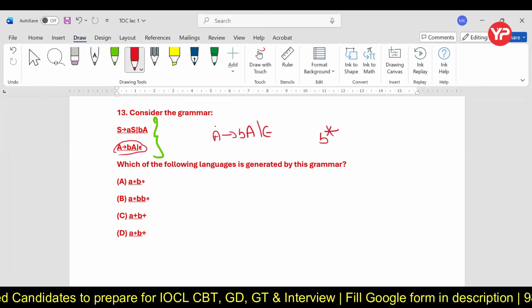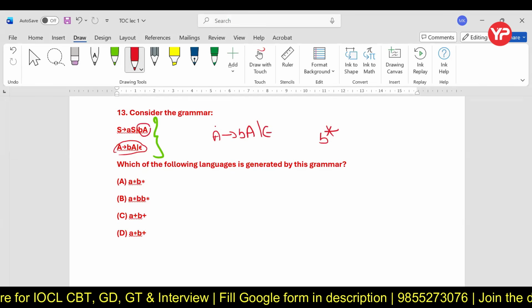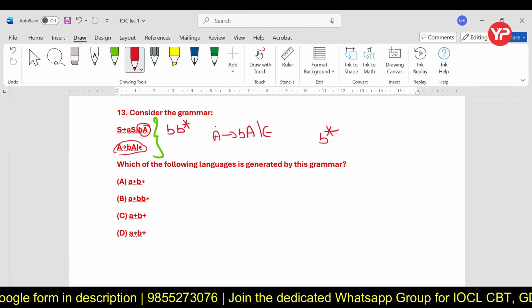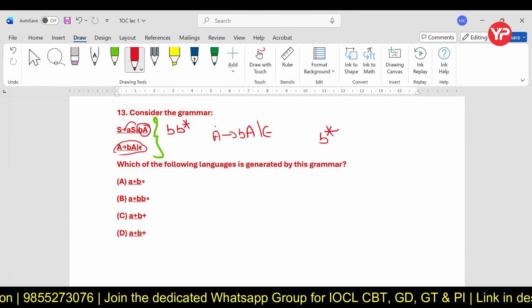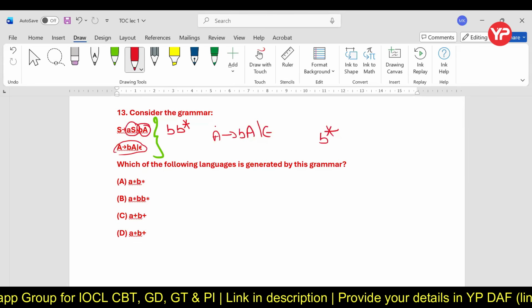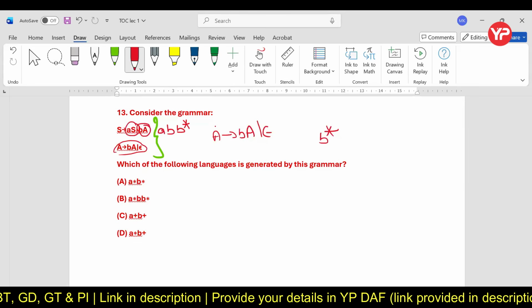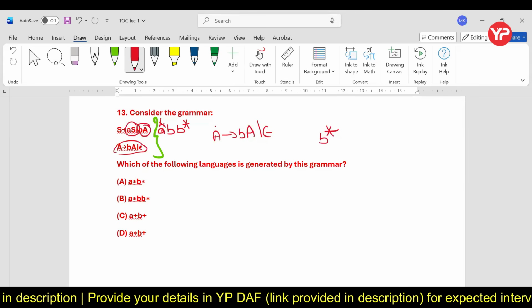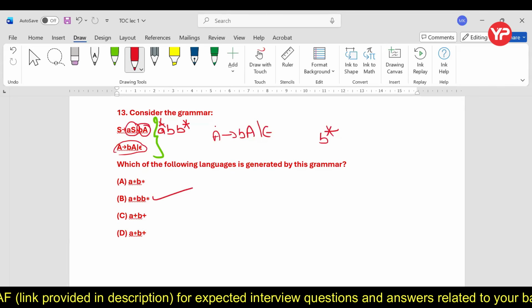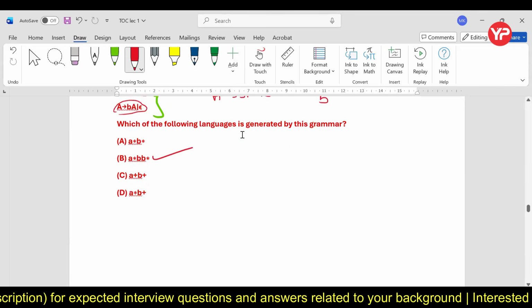Now let's talk about this production. It calls B and then A, and A generates b star. Let's talk about this one, aS. Ultimately, it has to go with the B. It means a star. So a star b star. a star b star, B is the right answer, my dear students.